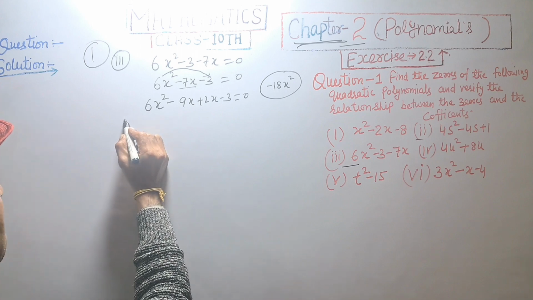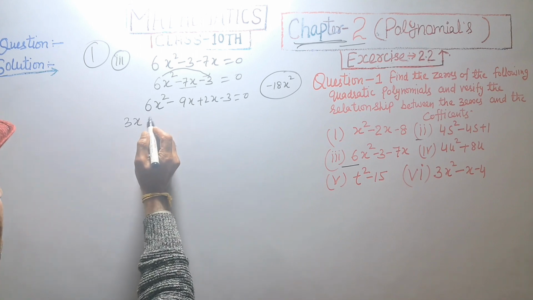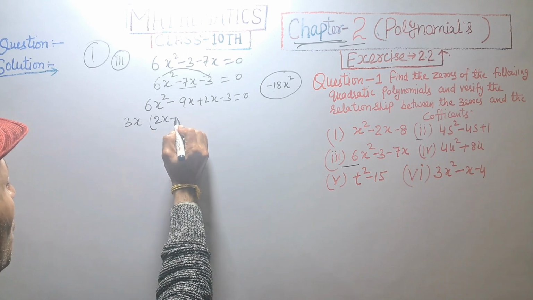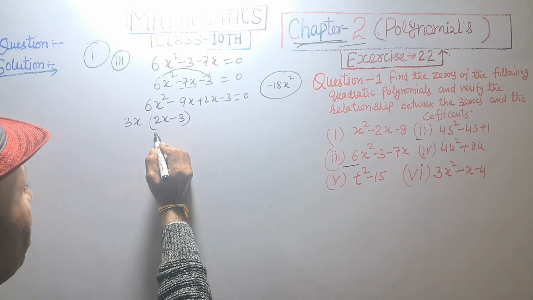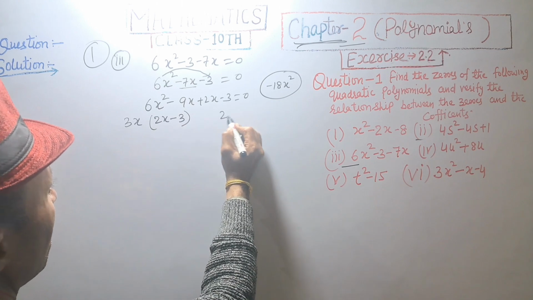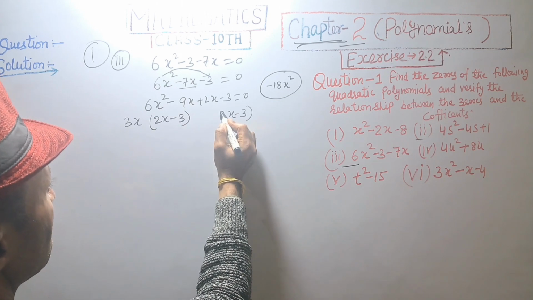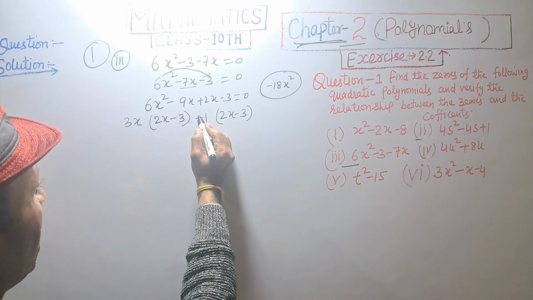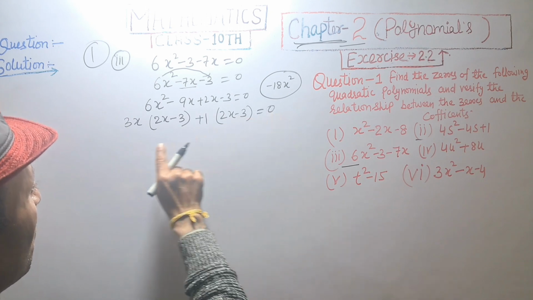Taking common 3x in this quadratic polynomial, 2x minus 3 in bracket, plus 1 is common, 2x minus 3 in bracket, equal to 0.